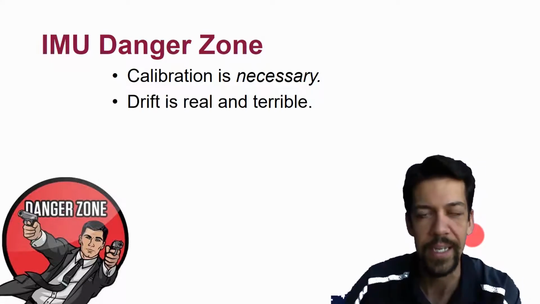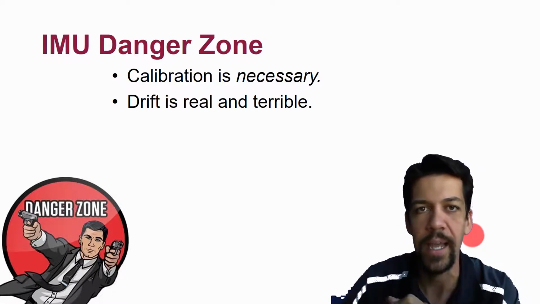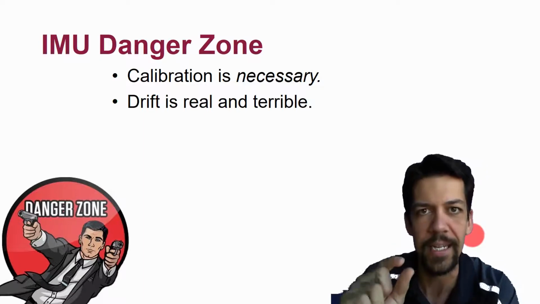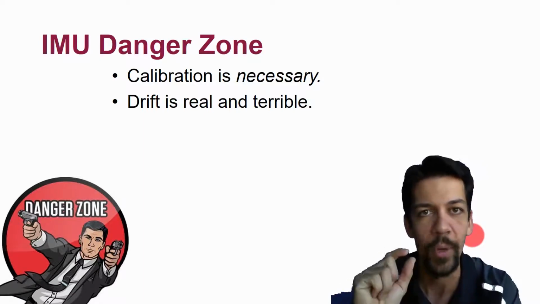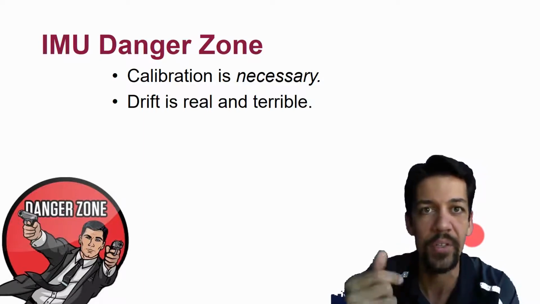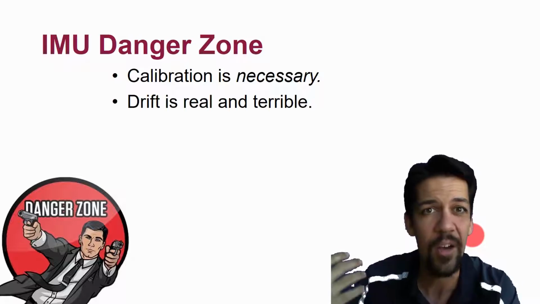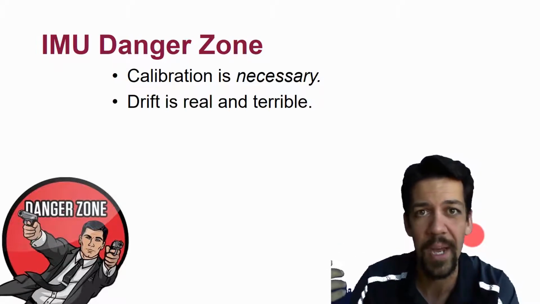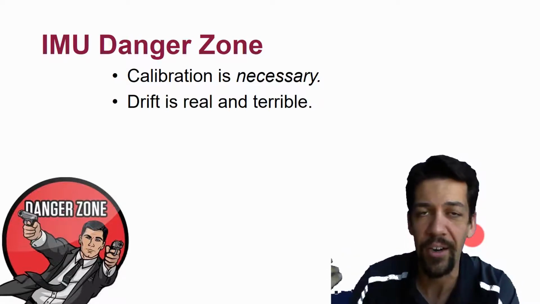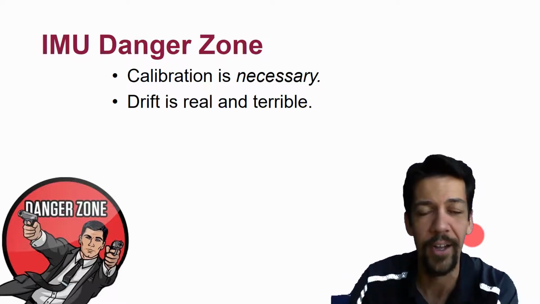Drift is real and terrible. So the idea here is that every time we make a measurement, there's a tiny little bit of noise in that measurement. We've got noise sources like thermal sources, thermal expansion. We've got noise sources like vibration in the environment, sound, just the wind blowing by, vibration of the earth, a truck driving past on the highway.